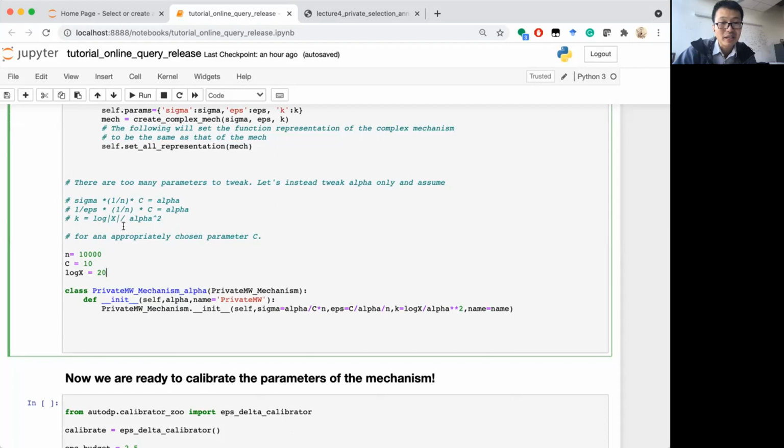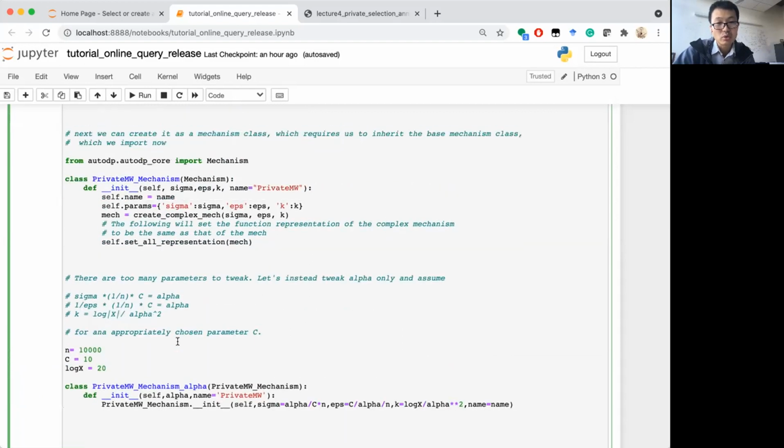And since C is fixed and log X is fixed and N is fixed, this becomes a one-dimensional optimization problem. We just want to find a feasible solution alpha such that these parameters give us epsilon, delta DP.